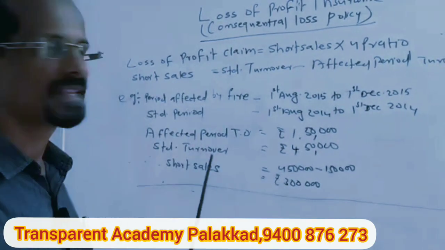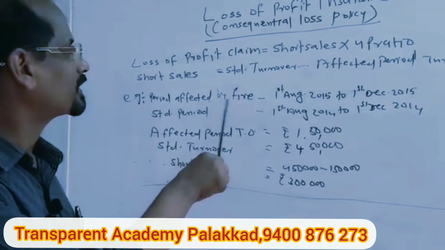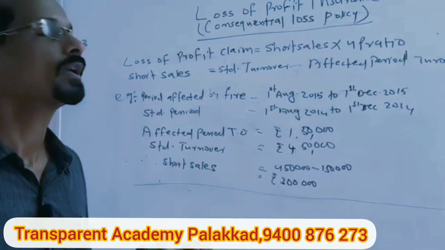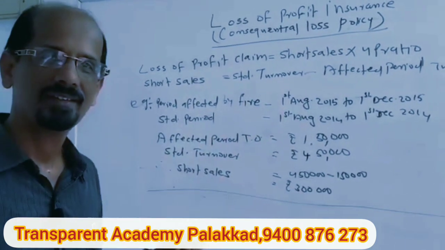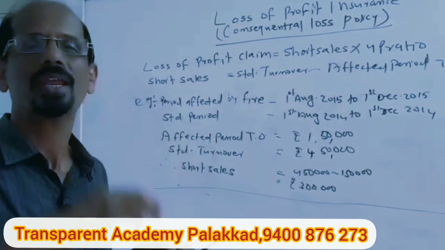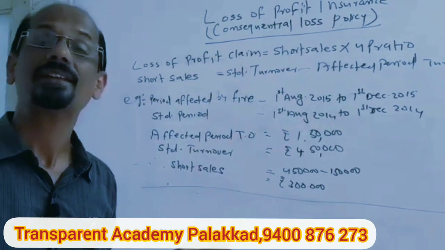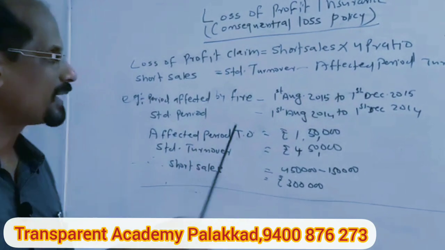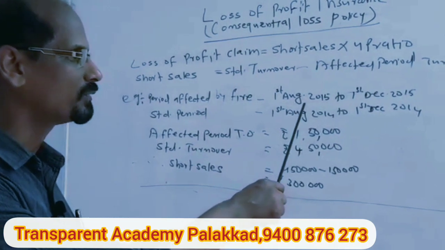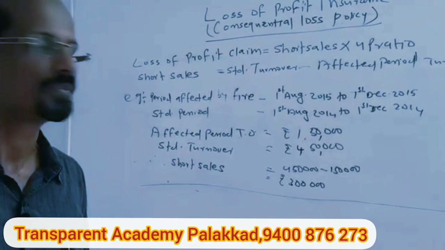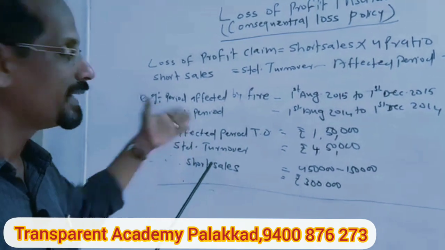Now, we will take an example. Period affected by fire: suppose the fire has broken out on 1st August 2015 and the dislocation continued up to 1st December 2015. In that case, what is the affected period? The affected period is from 1st August 2015 to 1st December 2015. Now, what is the standard period?